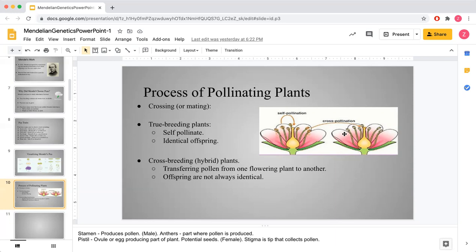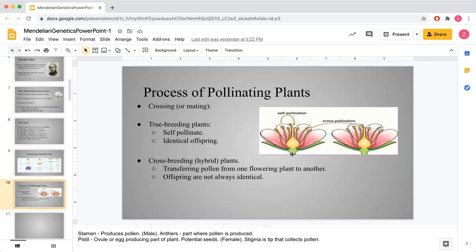When we talk about the pollination process of a plant, it's important to know that there are both male and female parts of a plant. We have these long fibrous strands called stamen, and at the top, the nodule is called the anther. That's where pollen is produced.